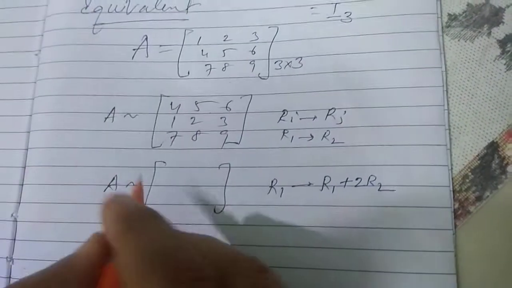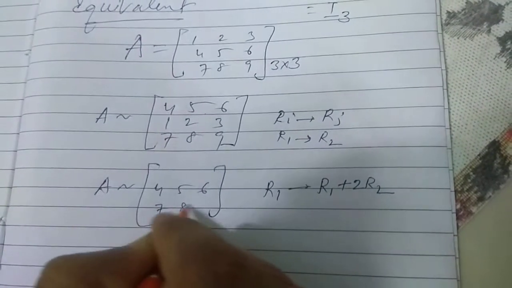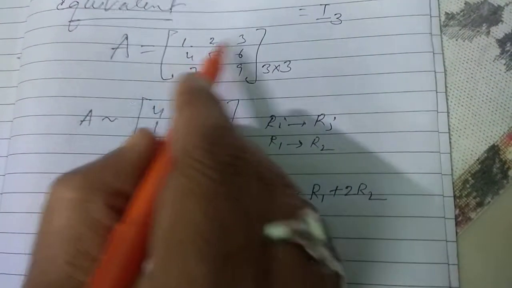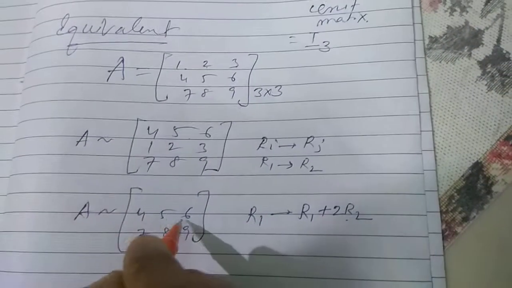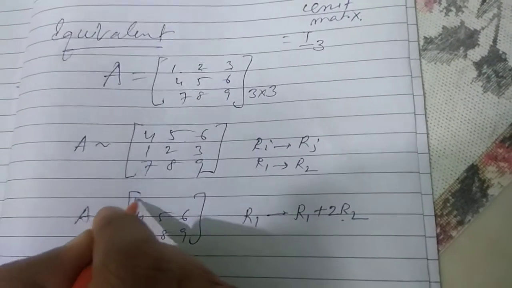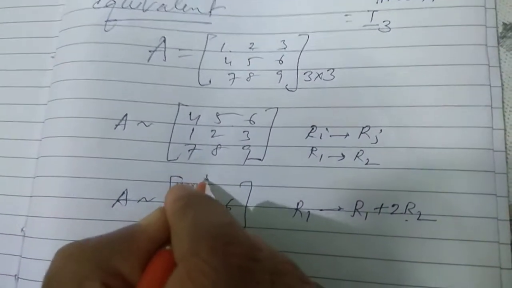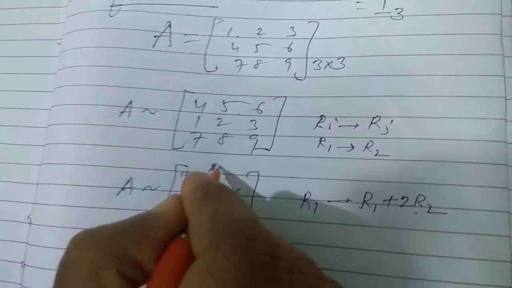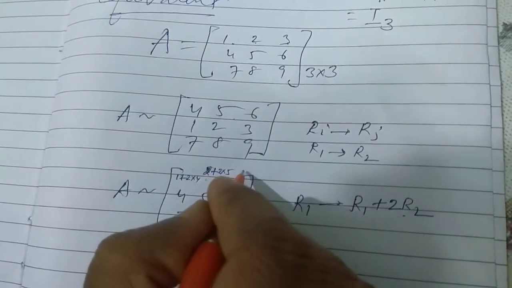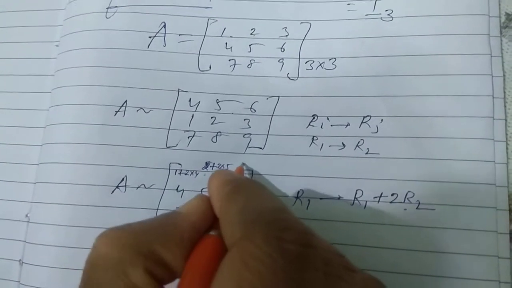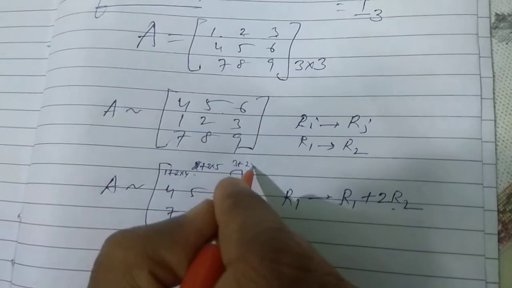Then 4, 5, 6 stay as they are, 7, 8, 9 stay as they are. Row 1, which is 1, 2, 3, becomes 1 plus 2 into 4, 2 plus 2 into 5, and 3 plus 2 into 6.